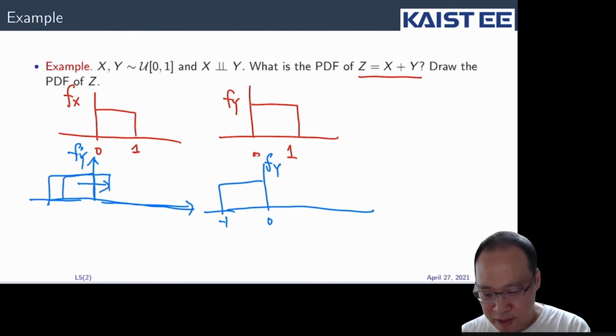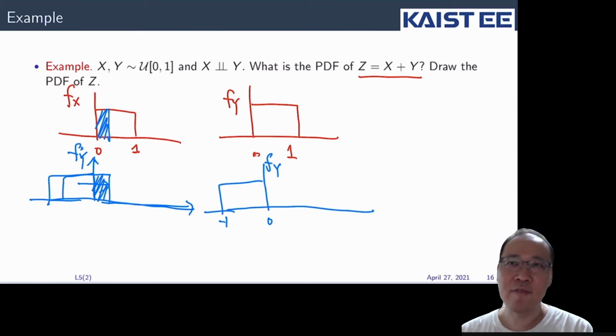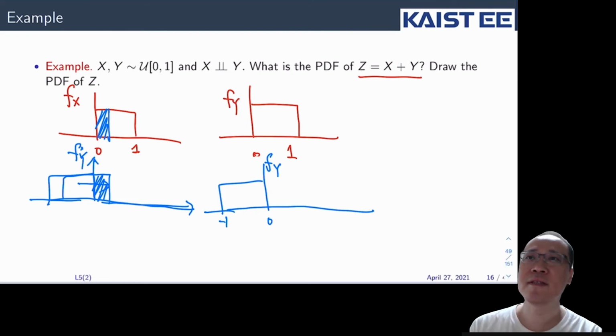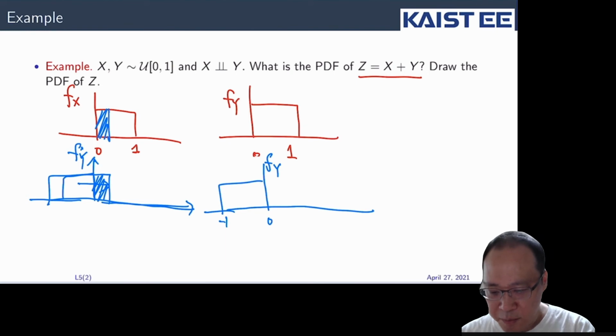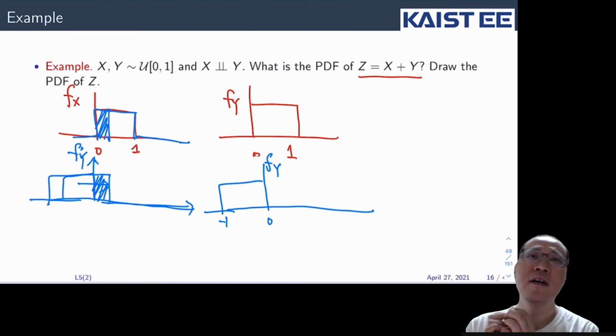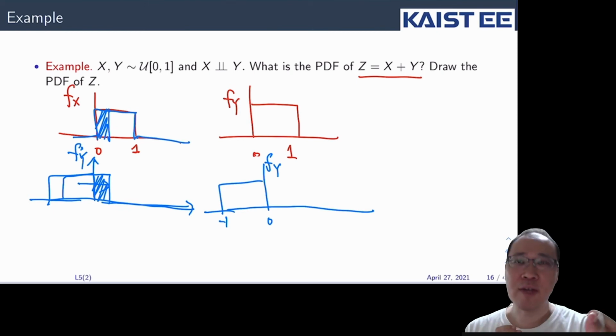And if this is like this, then we have some overlapped area here, and do the computation of the area, and then move a little bit, multiplication, compute the area, and then up to this point, until we have exact match of the fX and the shifted version of Y, that we get the maximum.